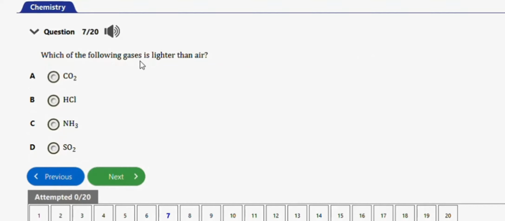It says, which of the following gases is lighter than air? So the gas that is lighter than air, we have it to be ammonia, option C. Alright, so ammonia is lighter than air. Okay, the next question will be this one.